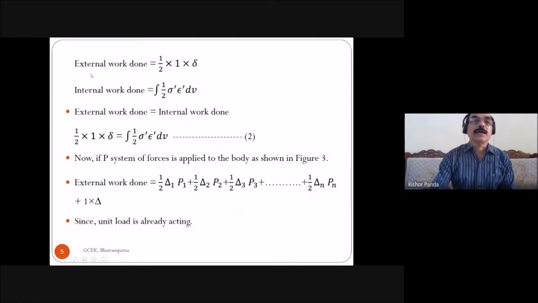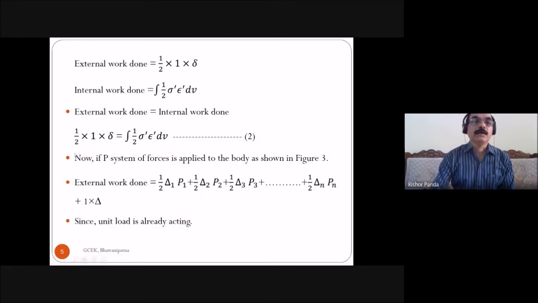But you know, the external work done is equal to the internal work done, and you will equate these two. So half into 1 into lowercase delta is equal to the integration of half sigma dash epsilon dash over the change in volume. Take this as equation 2.